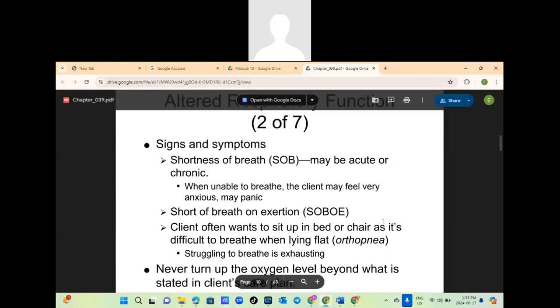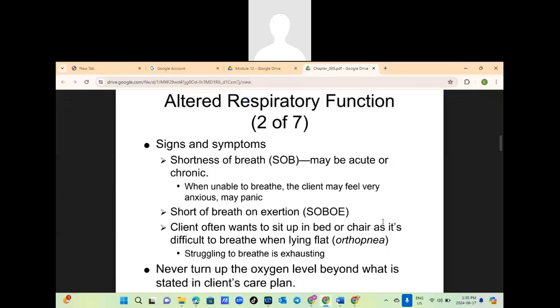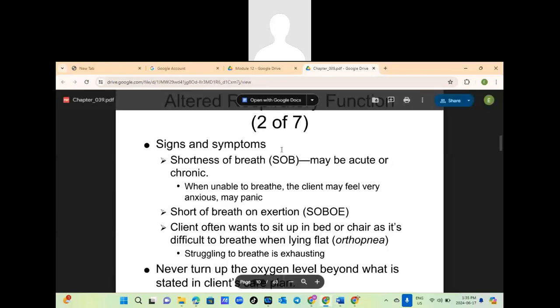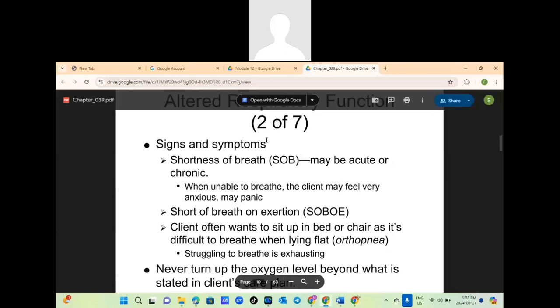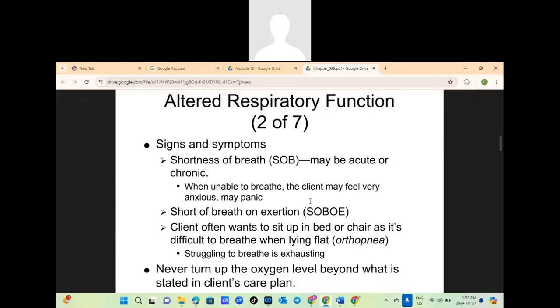These are abbreviations that you're going to learn. Some, like SOB, have another meaning too, but if you are in a healthcare setting, of course, we understand that it's shortness of breath. But usually, we don't really abbreviate that much. We just write shortness of breath. One word, three words. Okay. All right.